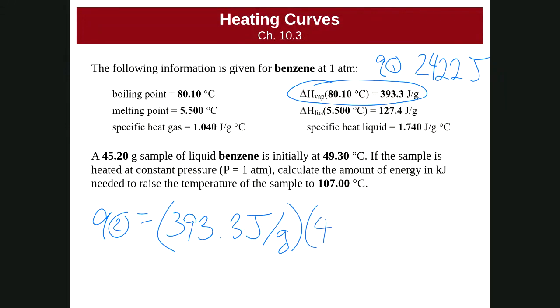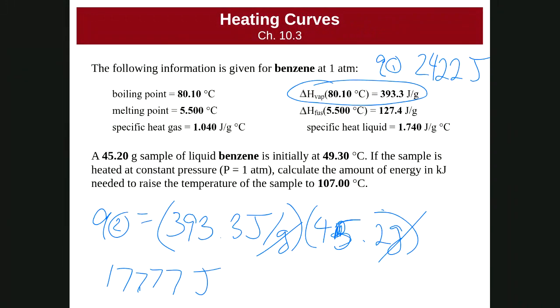So 45.2 grams. So grams cancel out. And the heat required to vaporize our benzene is 393.3 times 45.2, which is 17,777 joules.